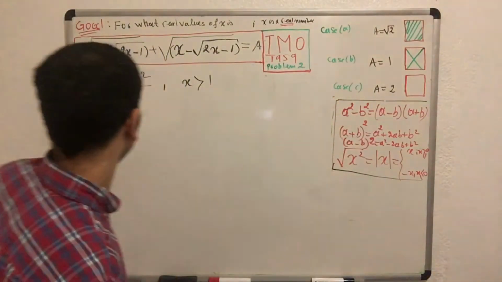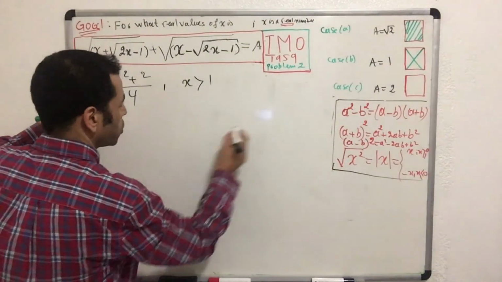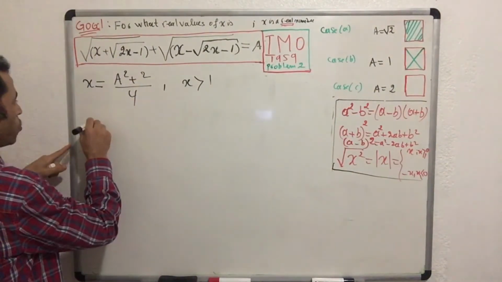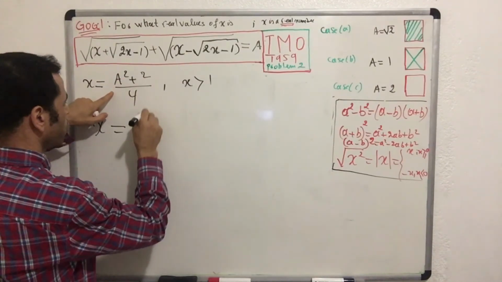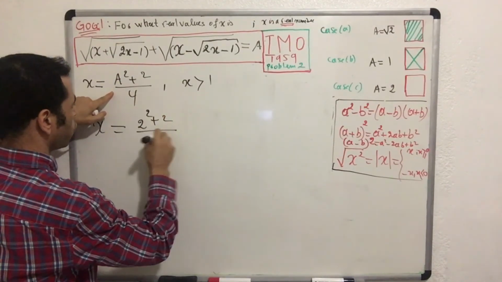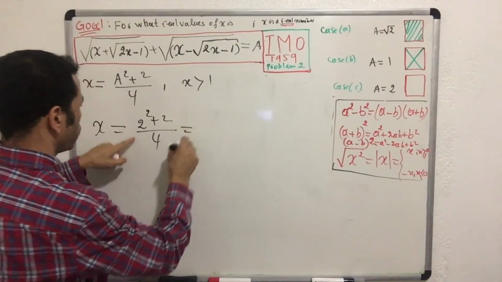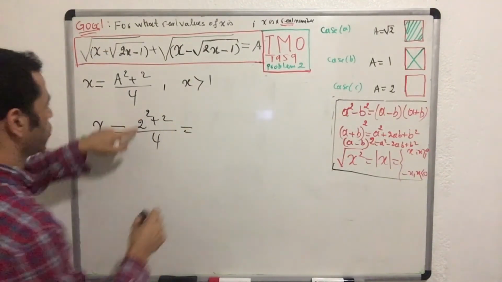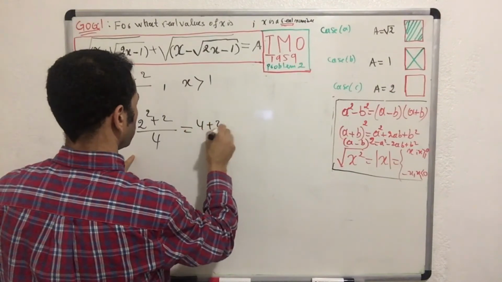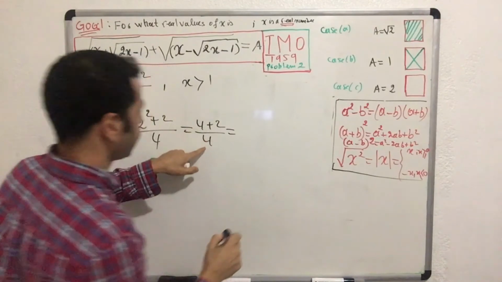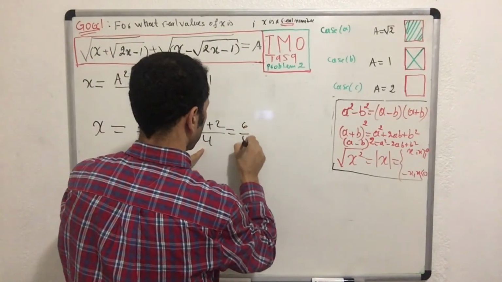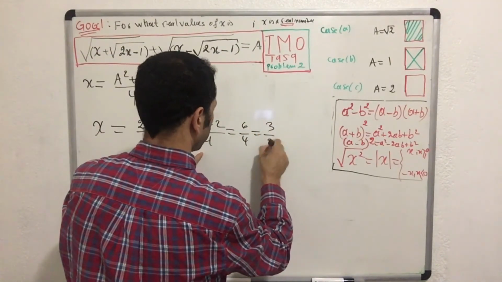Let's plug it into my equation to see whether this condition is verified or not. So x equal a square, which is 2 square plus 2 over 4, equal 4 plus 2 over 4, which is 6 over 4, which is 3 over 2.